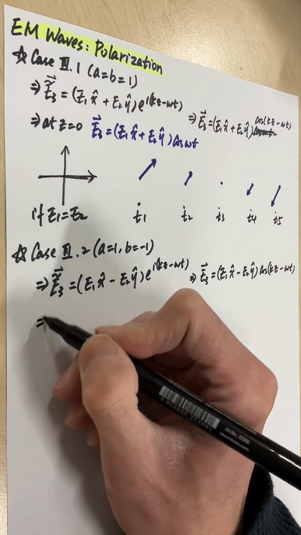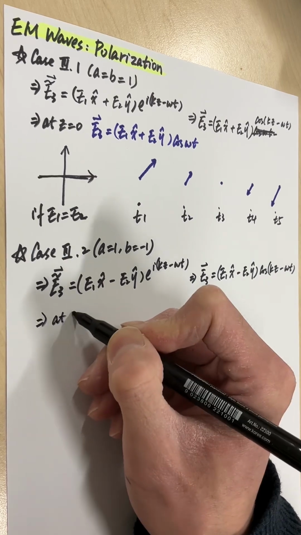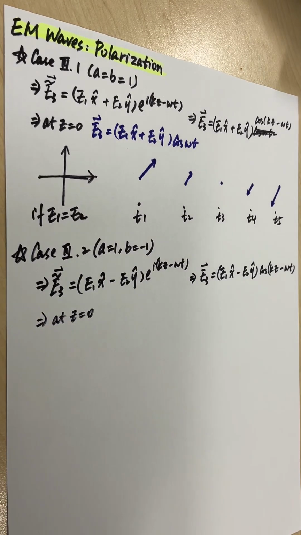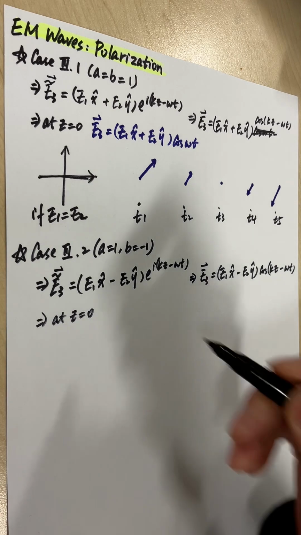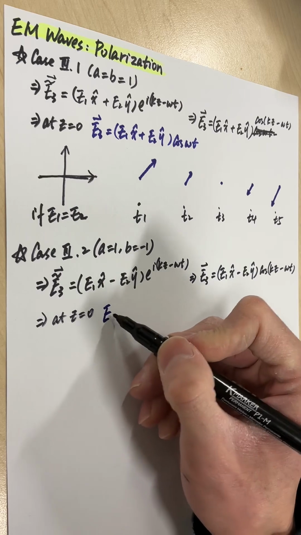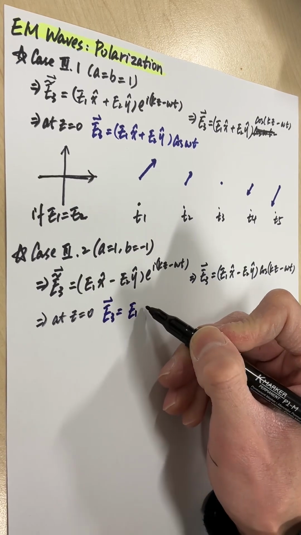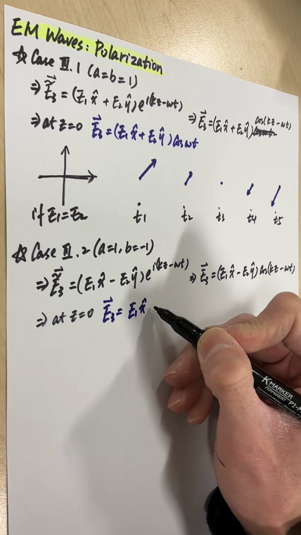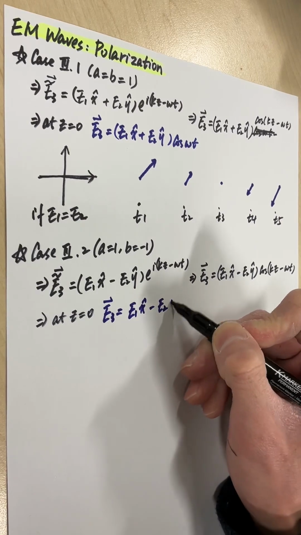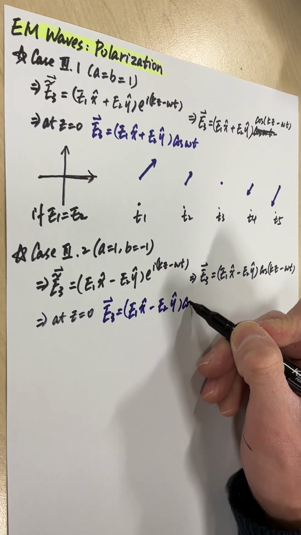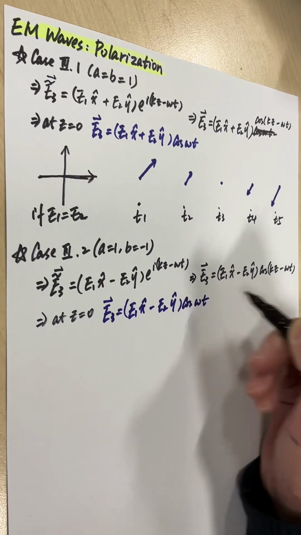Now at z equals 0, we have E3 equals E1 x direction minus E2 y direction, and then cosine omega t.